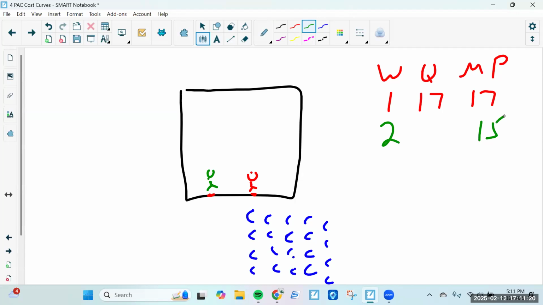So my total product, which is actually Q, we're going to change this now to total product. Instead of being 17, it's going to be 15 plus 17, or 32. So we're actually going to sell a total of 32 ice creams by hiring a second worker, not 34 ice creams. And you go, well, why?